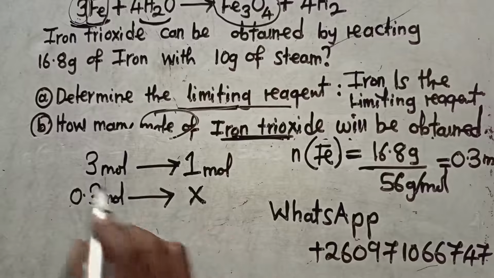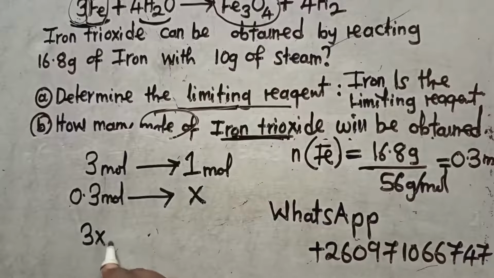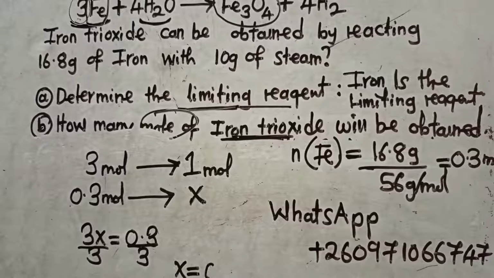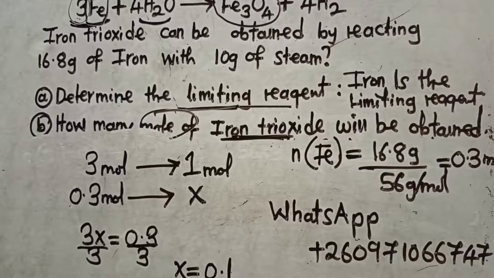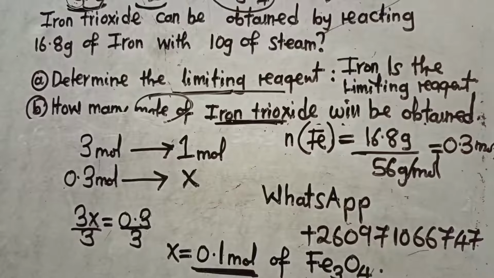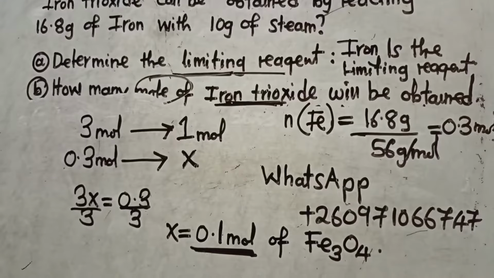So we say x times 3, that is 3x, which is equal to 0.3 times 1, which is 0.3. We divide both sides by 3, and x is equal to 0.1. Have you seen, 0.1 moles of iron trioxide? This is the answer. You are done.